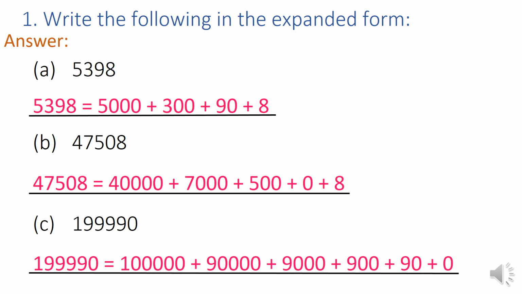So the expanded form of 1,99,990 is 1,99,990 equal to 1 lakh plus 90,000 plus 9,000 plus 900 plus 90 plus 0.